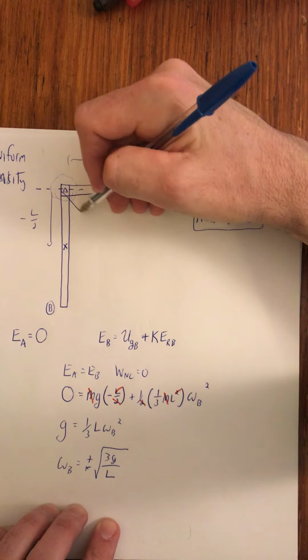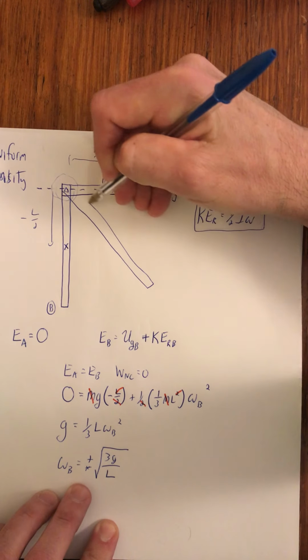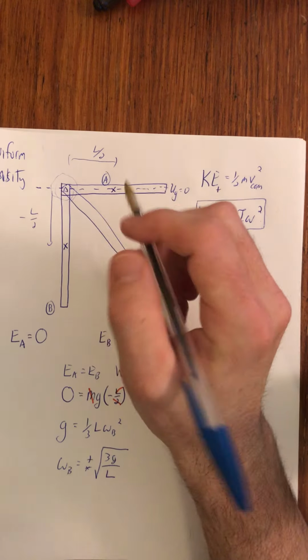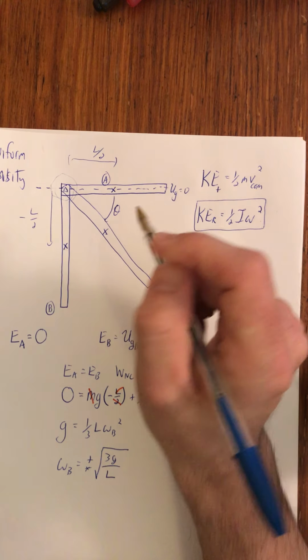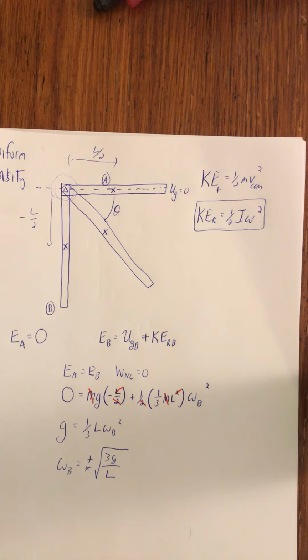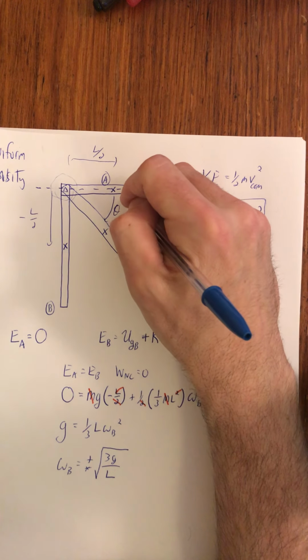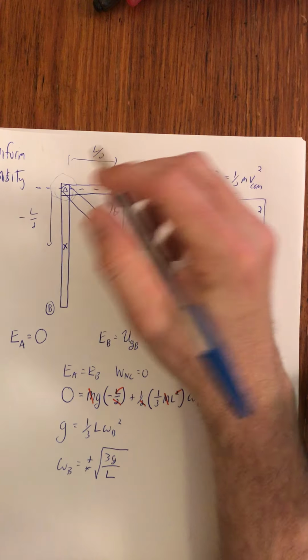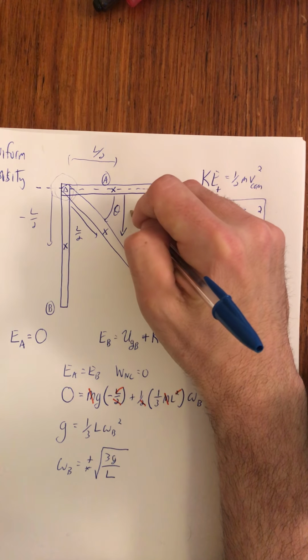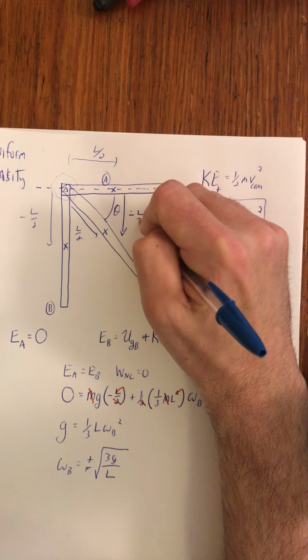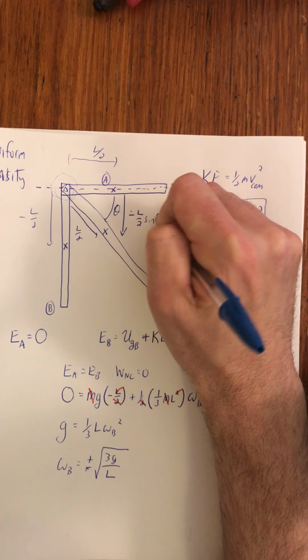So let's look at an intermediary position, boom, right? So let's say that's a certain theta downward. Once again, what we have to do is just track where that position is. In other words, I need to know what that distance there is. Well, if that's L over 2, this is just merely negative L over 2 sine theta.